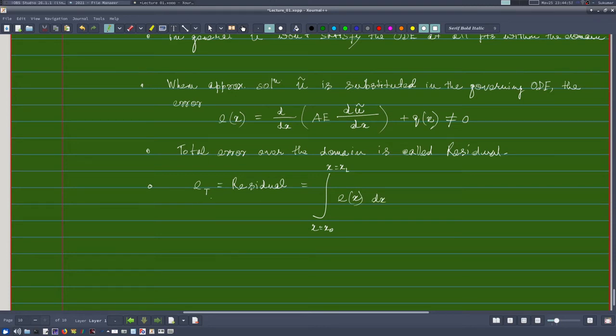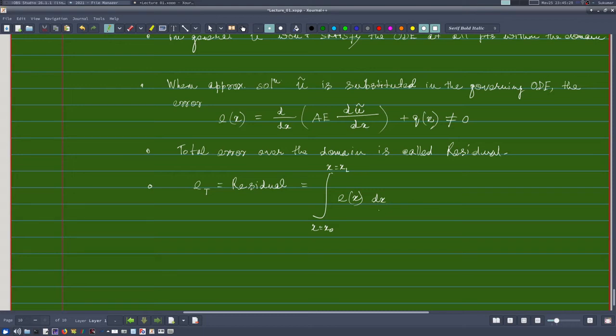Now if I integrate in order to find this total error or the residual, if I directly integrate it, then what may happen? In some point the error may be positive, in some other point the error may be negative, and therefore there may be cancellation of the error terms, and we don't want that. By cancelling it may become 0, or it may be very minimum by cancellation.